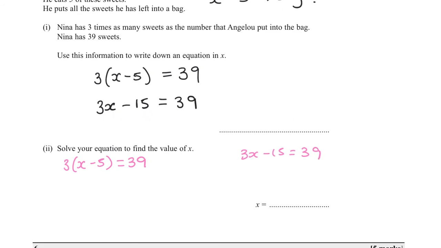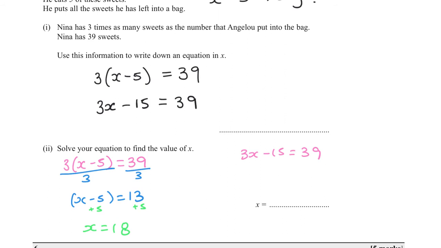For this one, the first thing I can do is divide both sides by 3. And then I'm left with x minus 5 equals 13. And then I can add 5 to both sides, and I will have x equals 18.